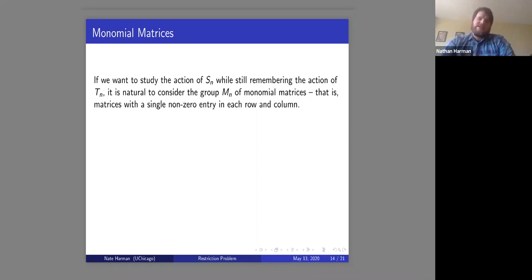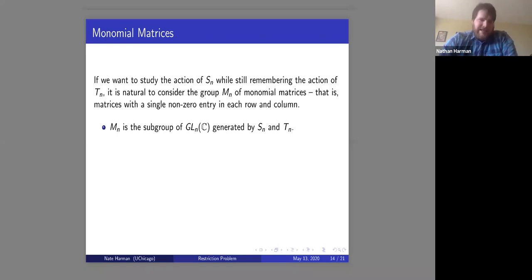These are matrices that have a single non-zero entry in each row and column, and no other condition. Why is this group so natural, in my opinion? Well, it is just the subgroup generated by Sn and Tn. So if I want to understand both actions simultaneously, this is the smallest thing that you can work in.